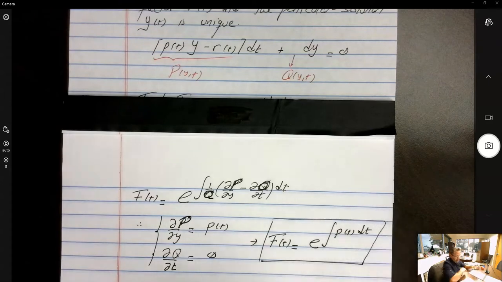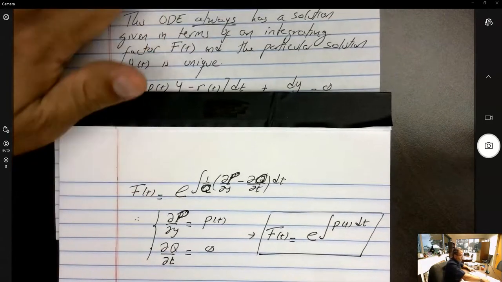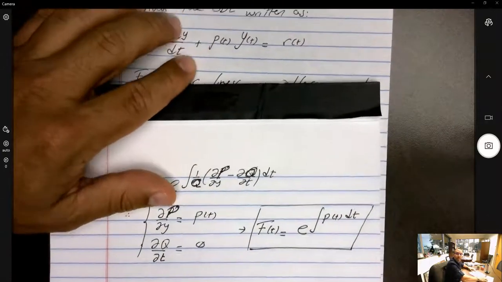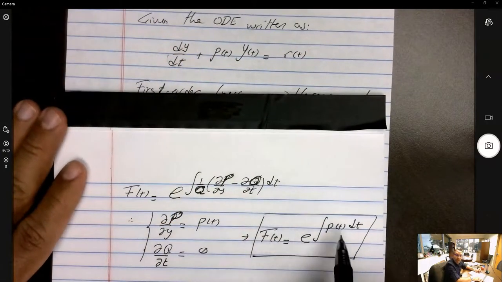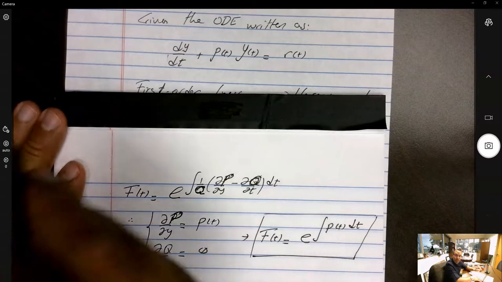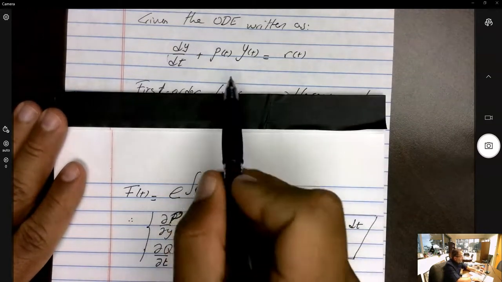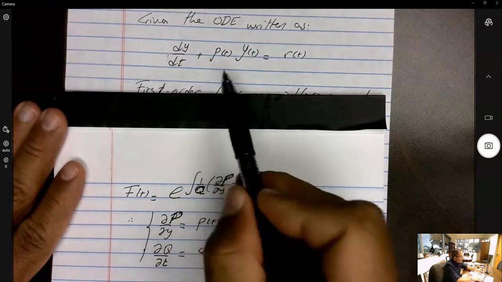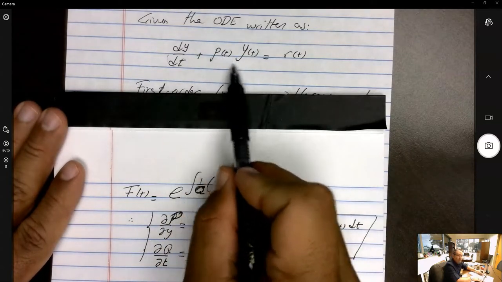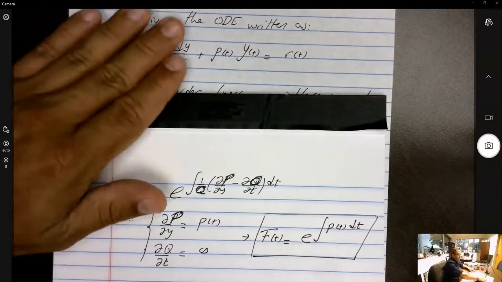So if I am given a linear equation that looks like this, we can always find an integrating factor to make that equation exact, no matter how it looks, no matter what these coefficients are, if I take the integrating factor as the exponential of the integral of this coefficient p of t dt.